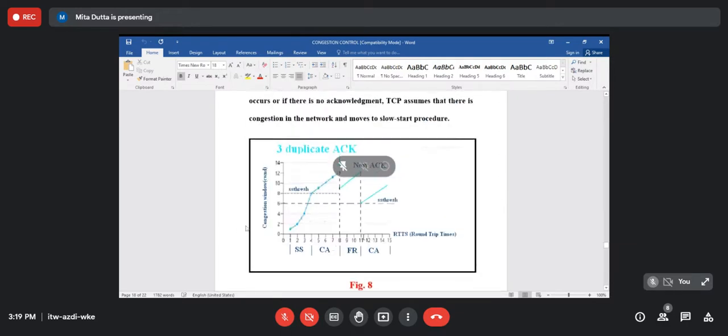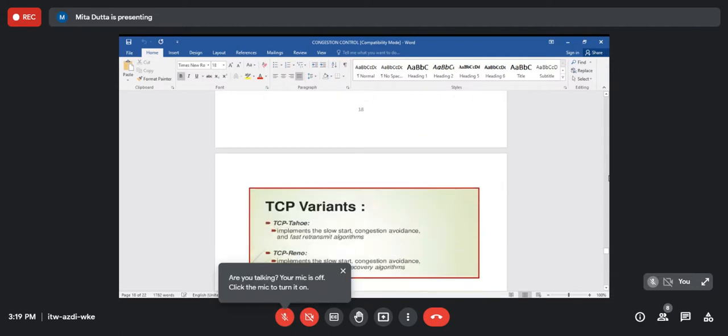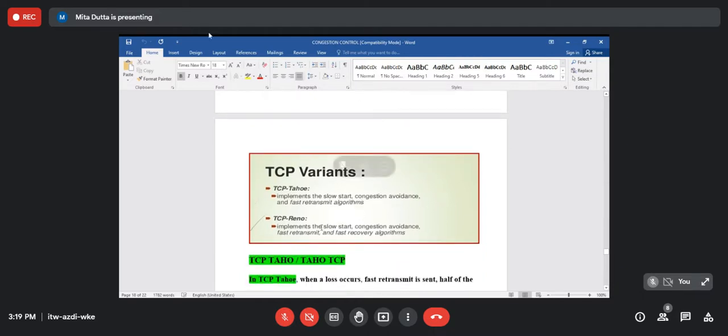So these are the TCP congestion control mechanisms. Besides, we have 2 other variants of TCP, known as TCP Tahoe and TCP Reno. TCP Tahoe implements slow start, congestion avoidance, and fast retransmit. And TCP Reno implements slow start, congestion avoidance, fast retransmit, and fast recovery.